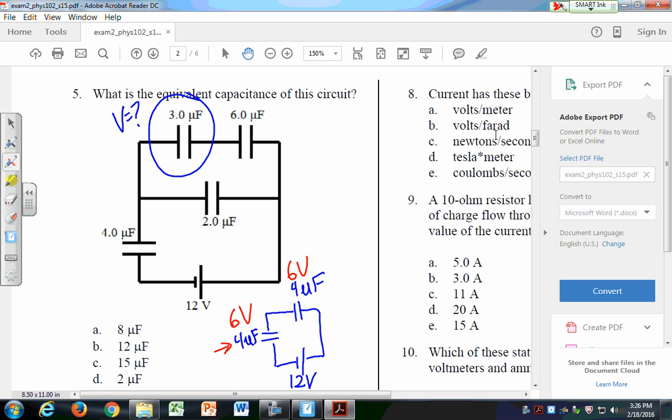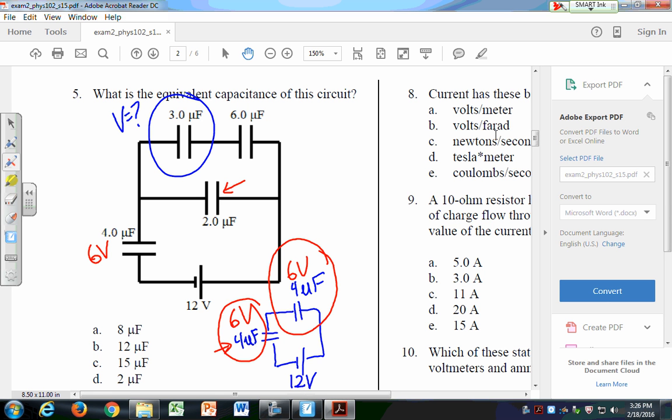So that means this capacitor is this capacitor. So what is my voltage across this capacitor? Thinking about what's going on here, because that's the equivalent of that 3, 6, and 2 all together.